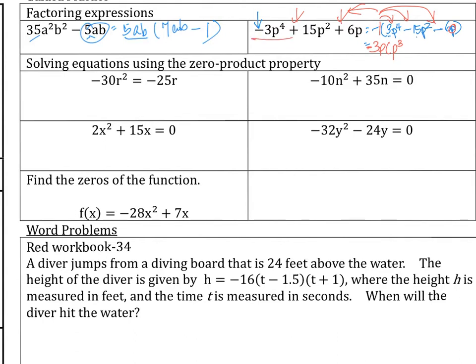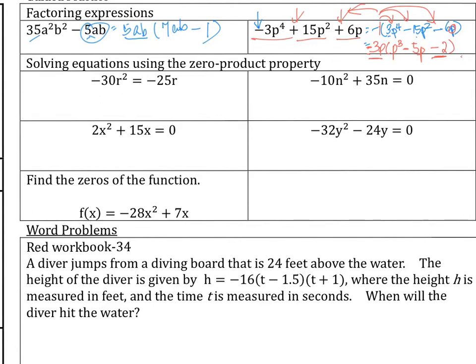And here I would do 5p. This will still give me negative 3 times negative 5, positive 15, and then p squared. And the last one will be 2. So double check, negative 3p times negative 2 will still give you positive 6p. So this is your answer.